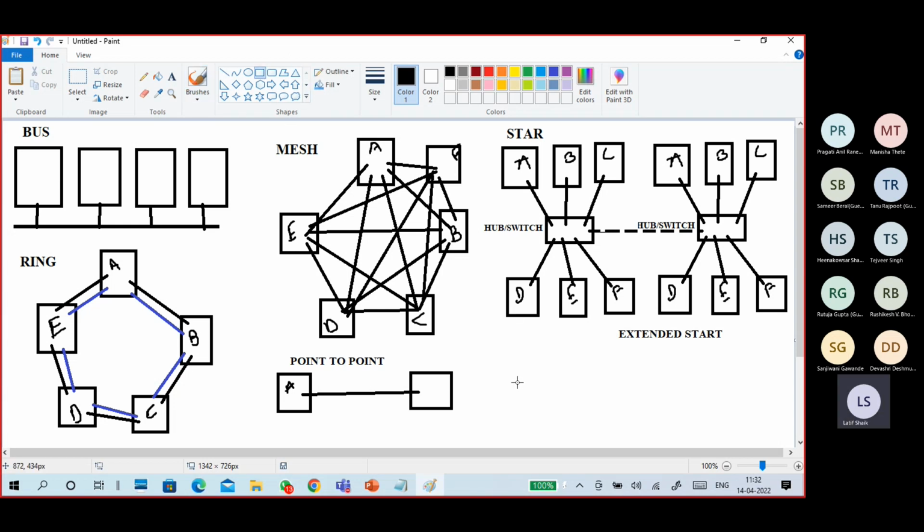Point to multi-point. For example, you have a router and your router is connected to multiple routers. One single router is connected to multiple routers. This is a symbolic representation of point to multi-point. A switch connected to multiple devices is also point to multi-point.